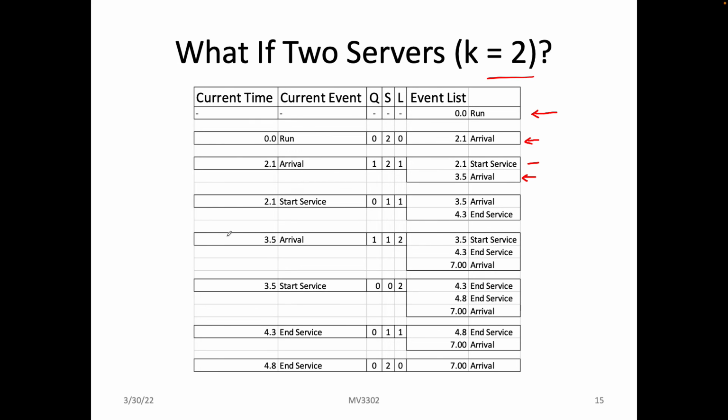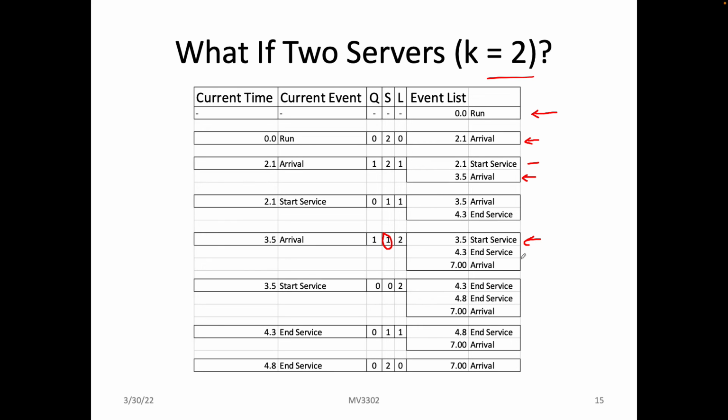But now things are going to be a little different, because at time 3.5, same as before, we get this arrival. Only now, S is bigger than 0. Before, when we only had one server, S was 0 at this point. Now we have a server available. So because that server is available, we can schedule a start service event with 0 delay.